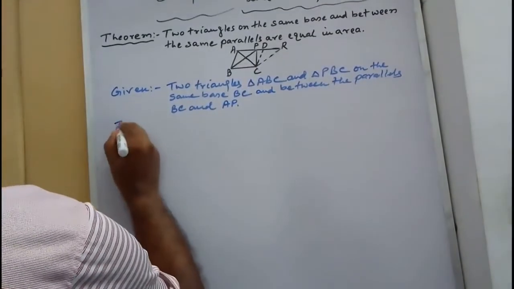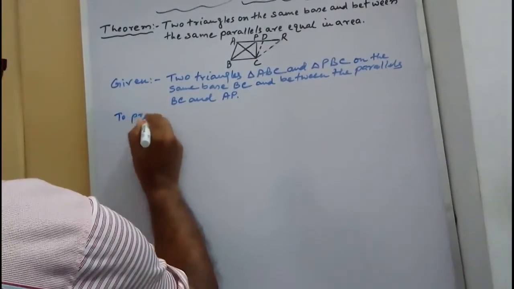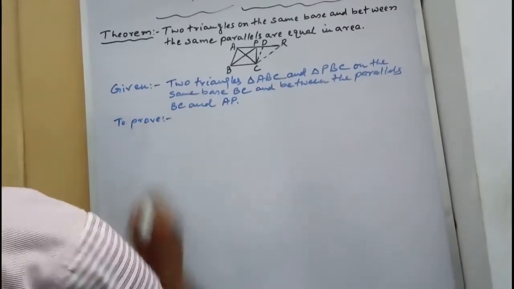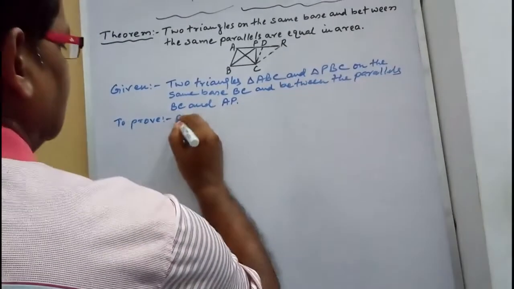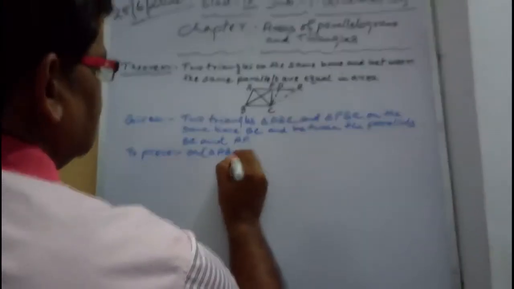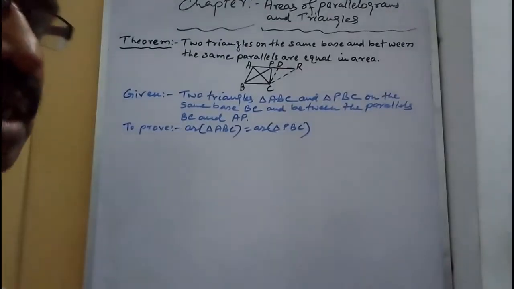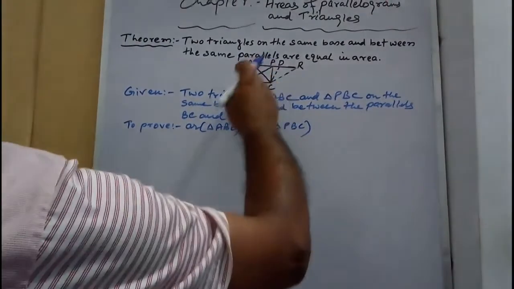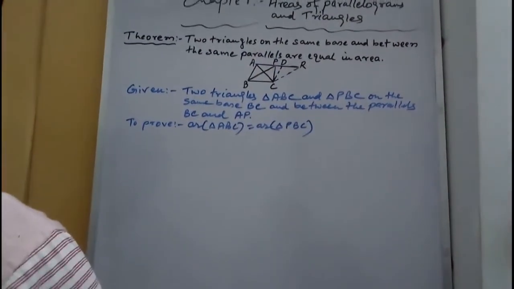To prove, area of triangle ABC is equal to area of triangle PBC. This you have to prove.